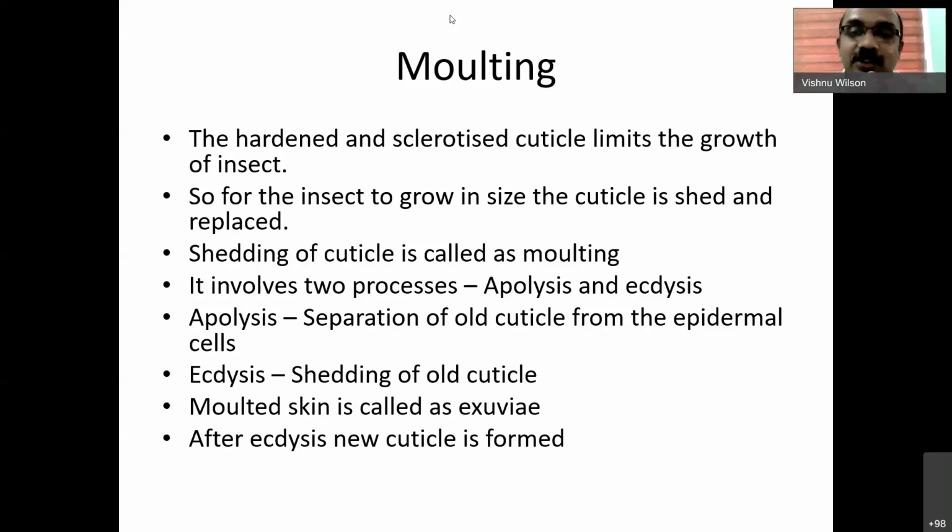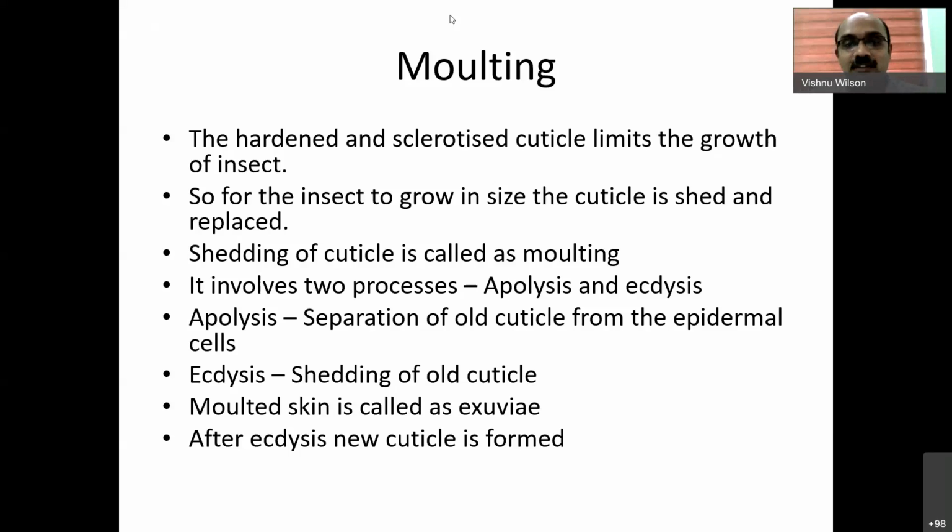So the insect grows its body along with its molting. Just after removing its old skin, it expands its body and then forms the new cuticle. Cuticle will be formed at that time, but the hardening takes place a bit later, so that by then the insect will have grown its size.